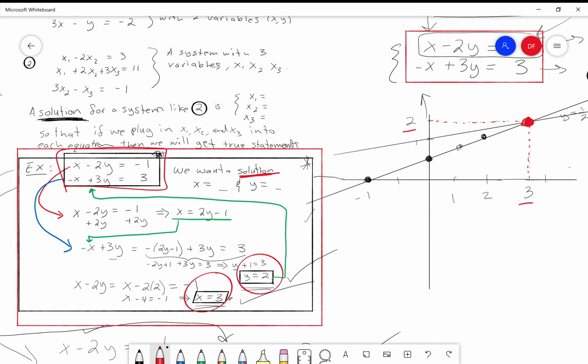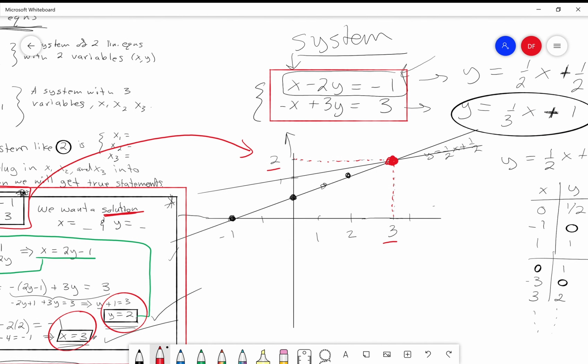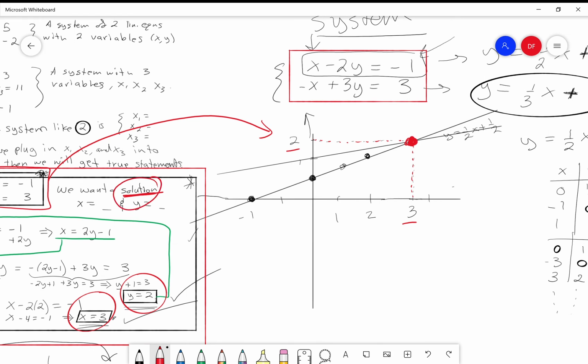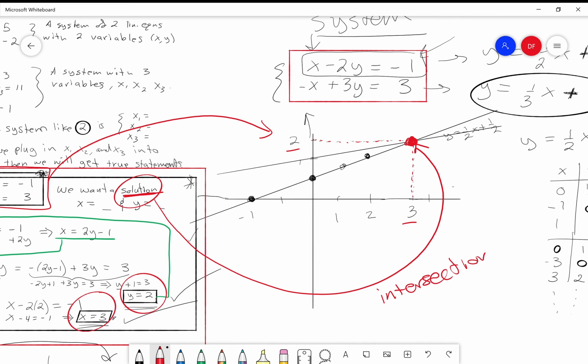And you also know a system of equations like this represents 2 lines in space, and the solution represents the intersection of the lines.